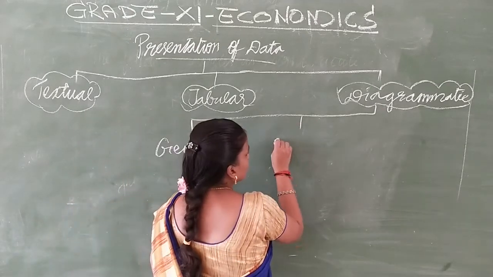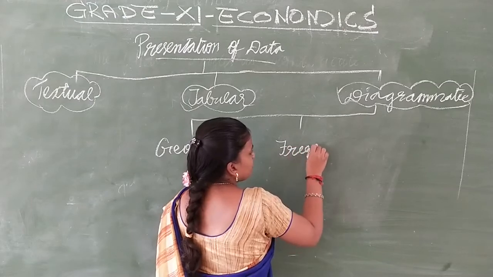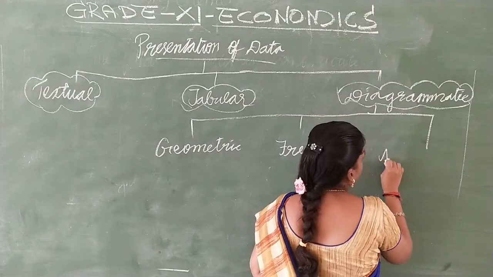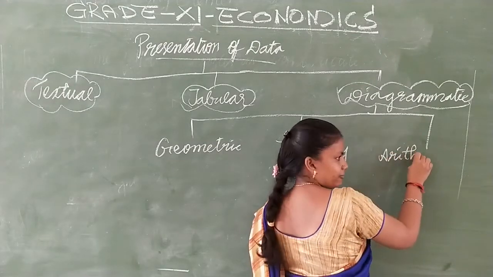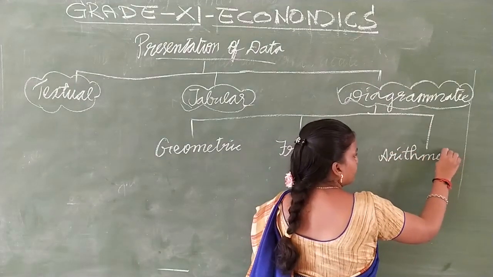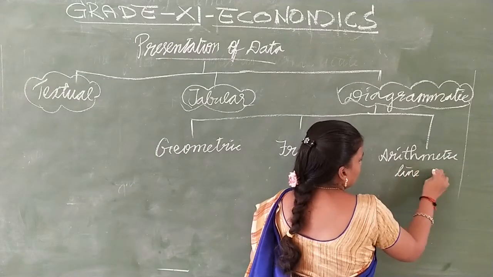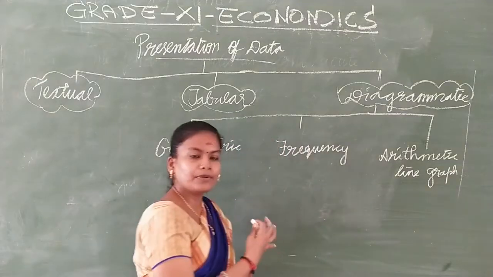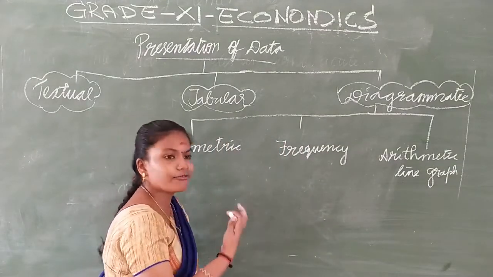Then we have frequency diagrams. And then finally we have the arithmetic line graph.